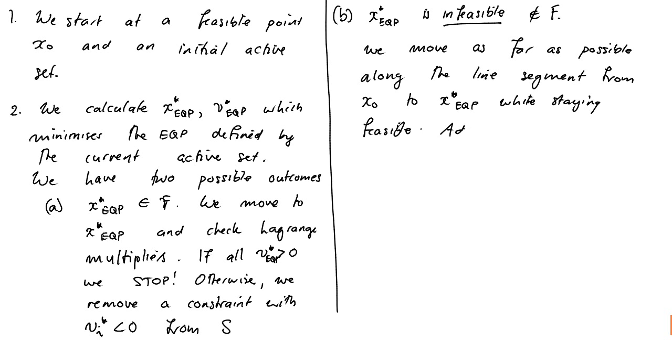Then we add to S the first constraint we encounter that blocks any further progress.